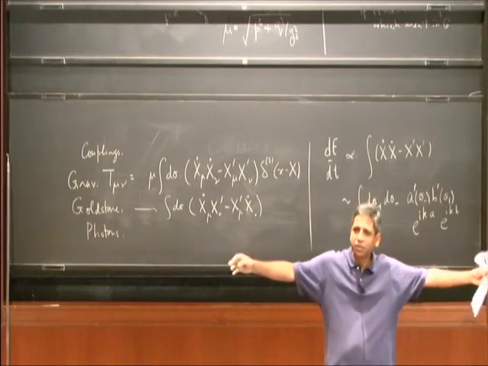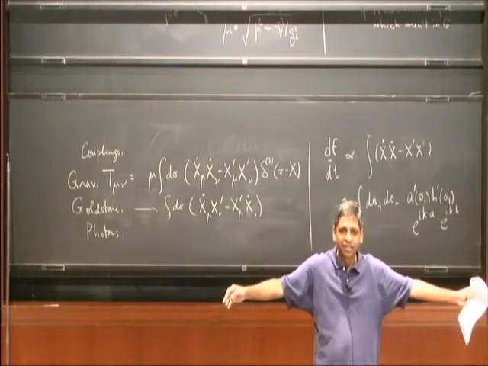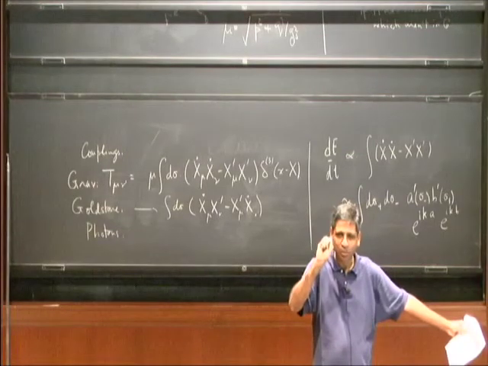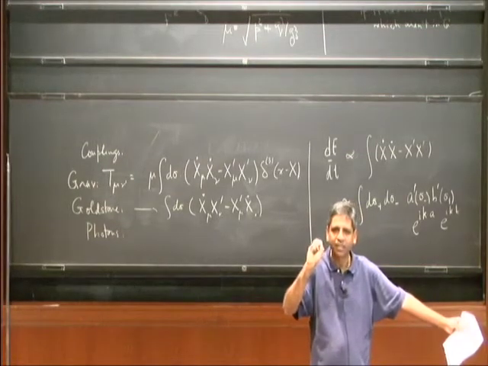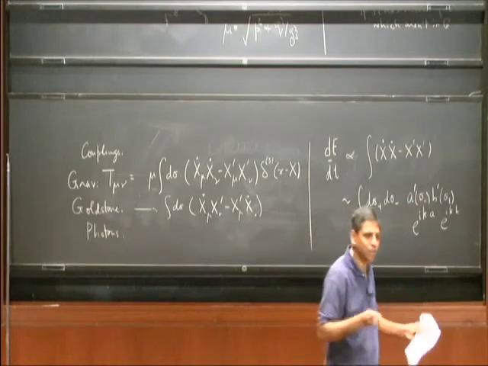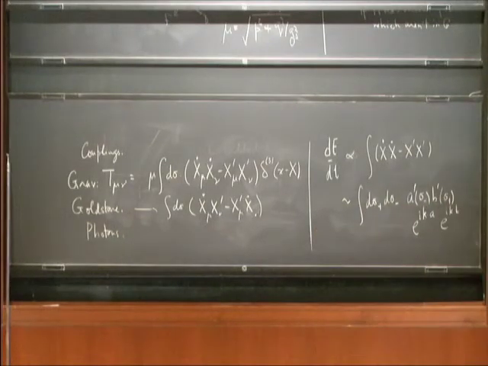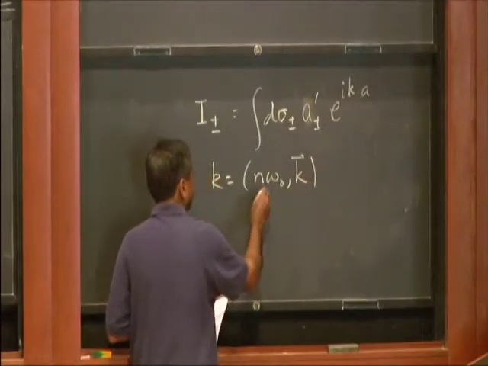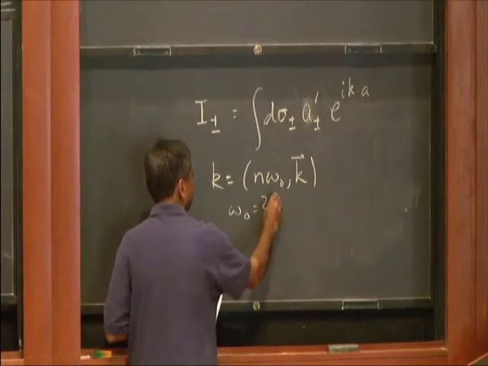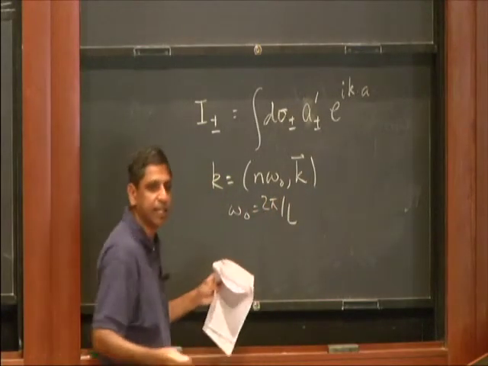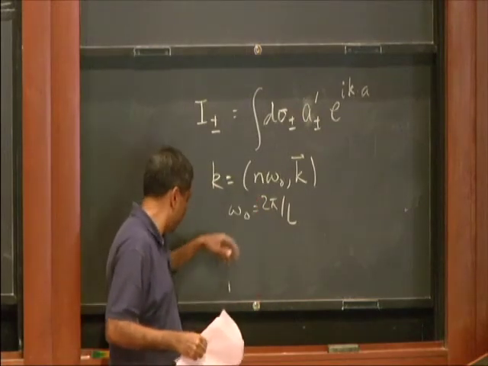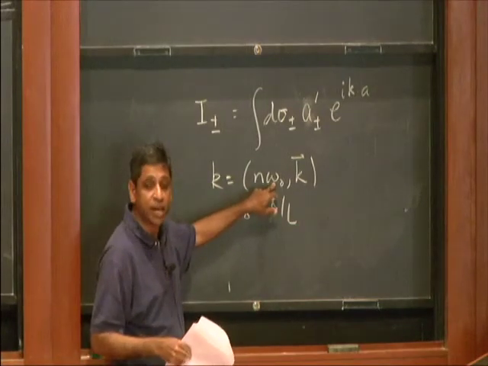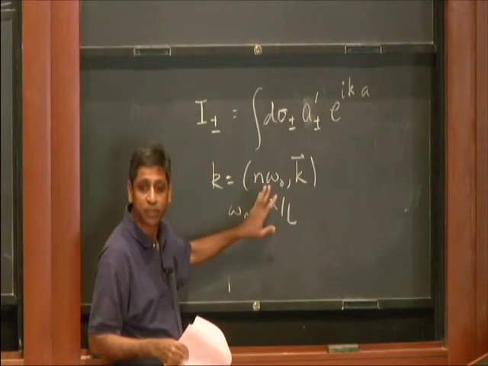Can a huge thing like that emit wavelengths which are so small? In general, the answer is no. You're looking at very high harmonics. So k is n omega naught, and omega naught is 2 pi by L, where L is the length. But you are interested in frequencies which are very high compared to the fundamental frequency.